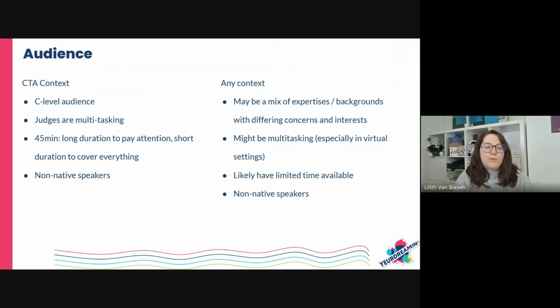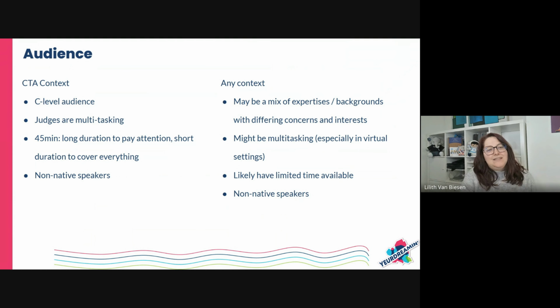It's also, with 45 minutes as duration, a very long time to pay attention, yet a very short time to really convey everything that you need to convey. And often, as is the case with your speakers today, their speakers might be non-native, or the audience might be non-native. This also adds another layer of complexity and a whole new opportunity for misunderstanding, let's say.